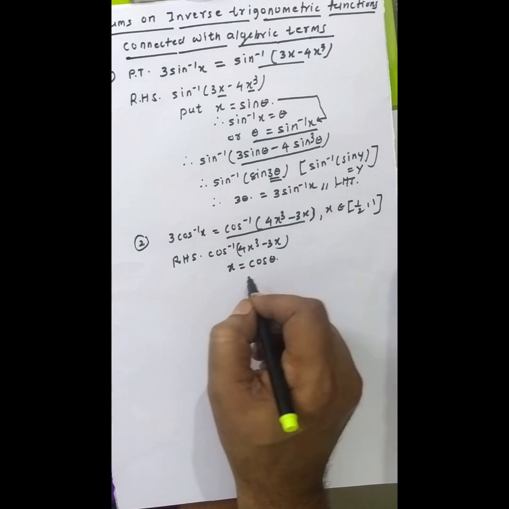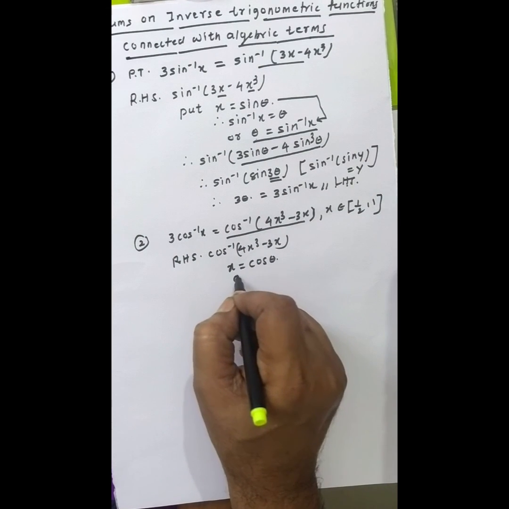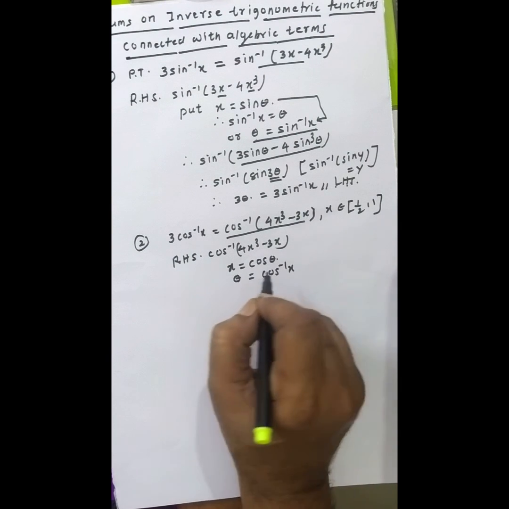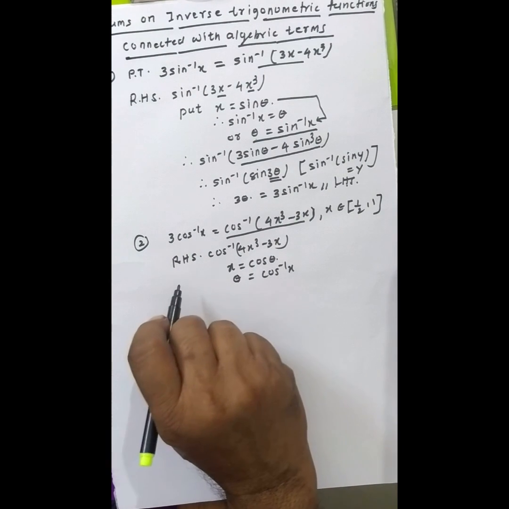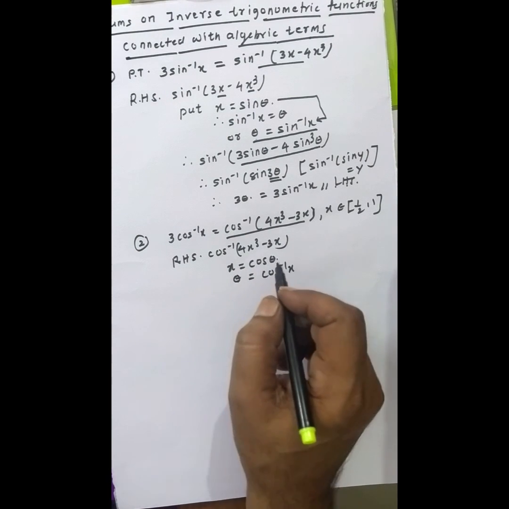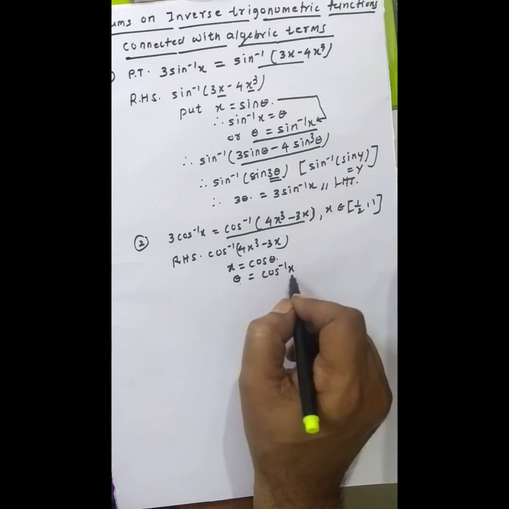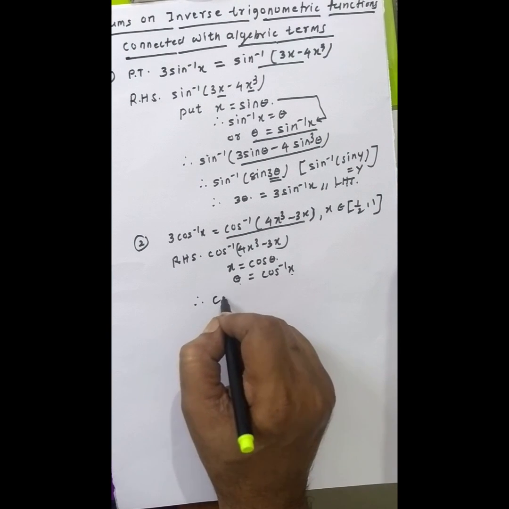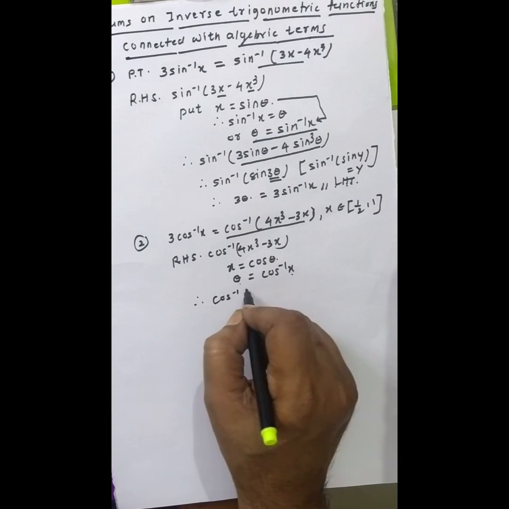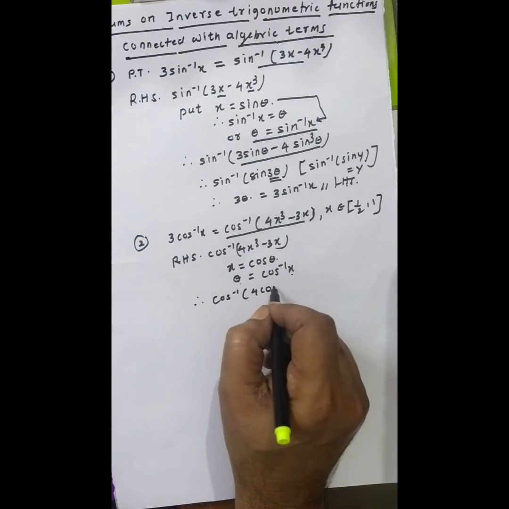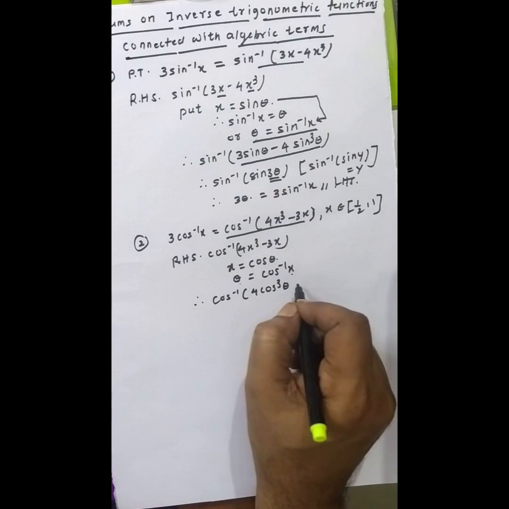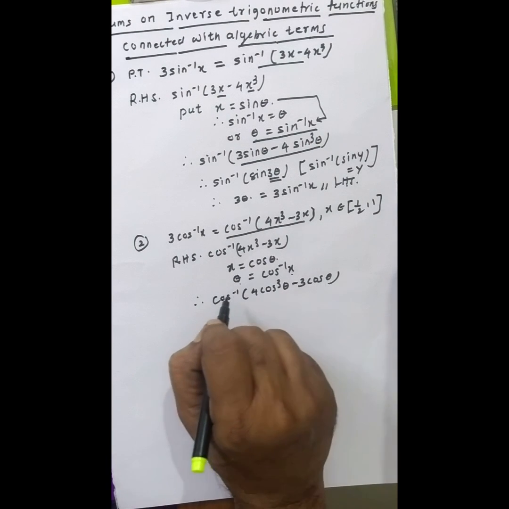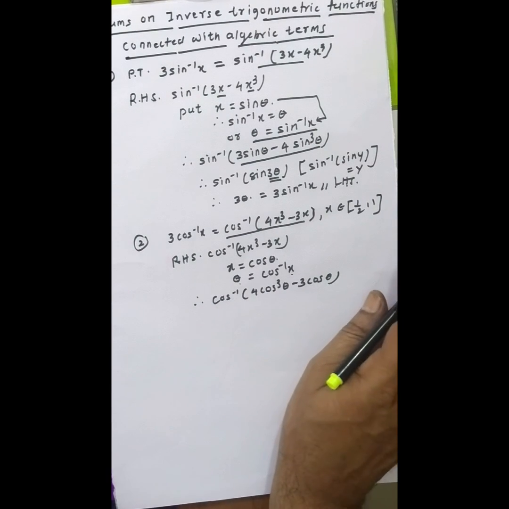If you put x equal to cos theta, theta will be cos inverse of x, by using the definition of inverse trigonometric function. So what happens to the given sum? It becomes cos inverse of 4 cos cube theta minus 3 cos theta.